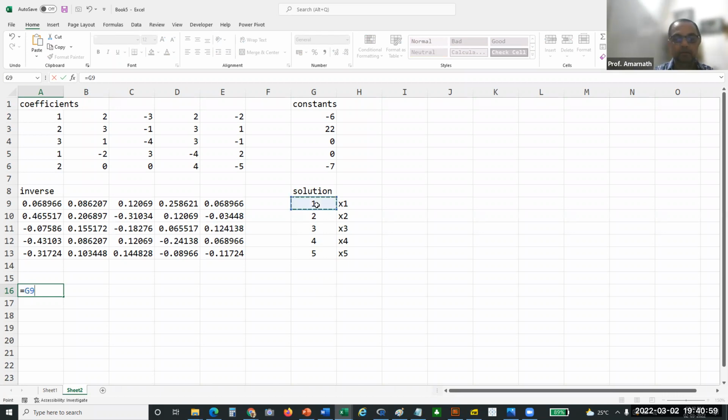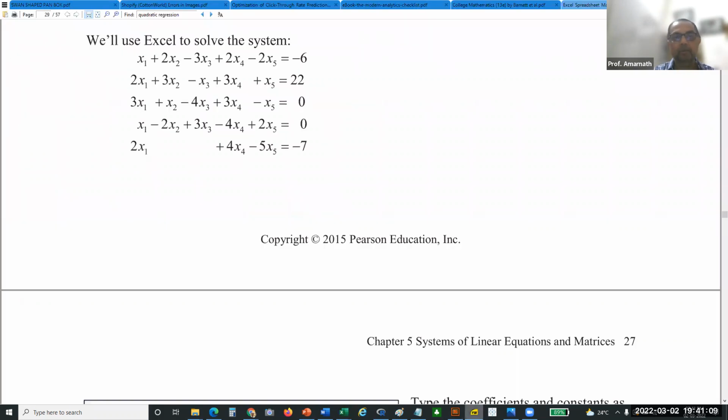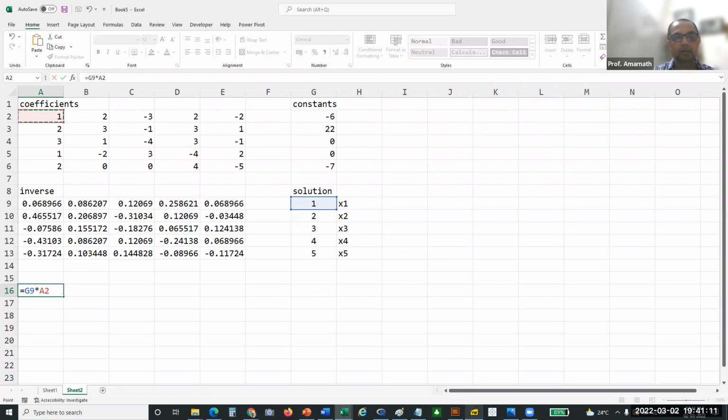So this multiplied by 1, what sign do I have? Plus sign. Then 2 multiplied by 2, and I have a minus sign. So 3 multiplied by minus 3.